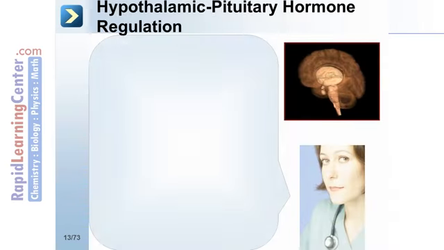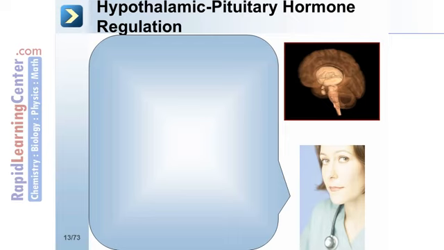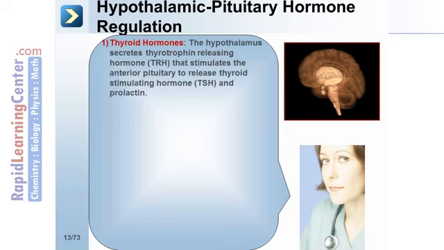As we have already discussed, the hypothalamus and pituitary regulate the release of hormones through various feedback mechanisms. Let's summarize the common ones. Thyroid hormones. The hypothalamus secretes thyrotropin-releasing hormone, or TRH, that stimulates the anterior pituitary to release thyroid-stimulating hormone, TSH, and prolactin.